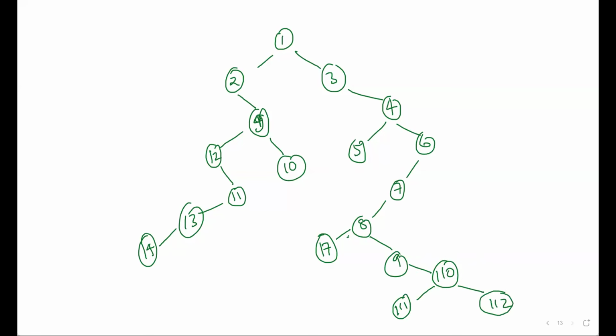Okay, so I have randomly drawn one binary tree. For this tree, tell me the nodes which will be printed in case of top view.